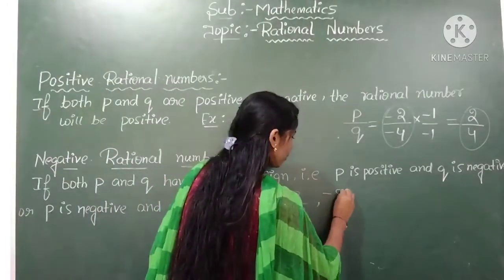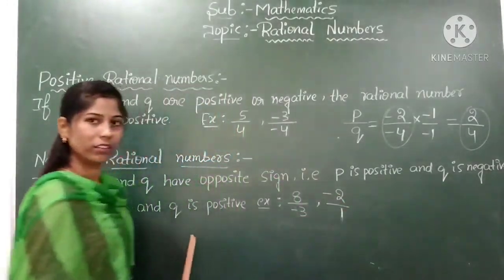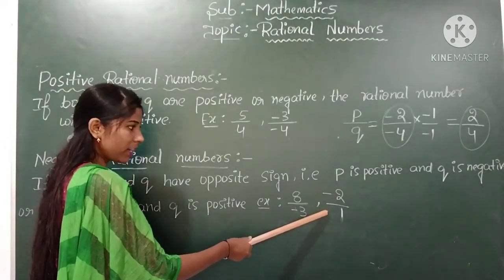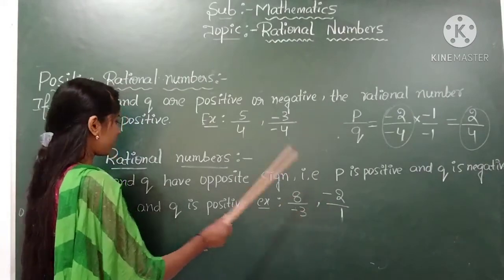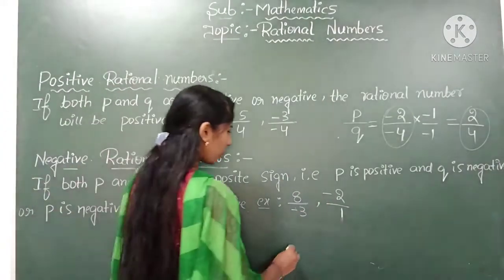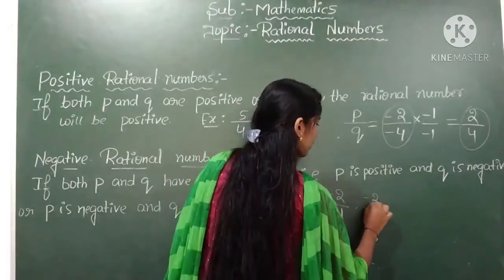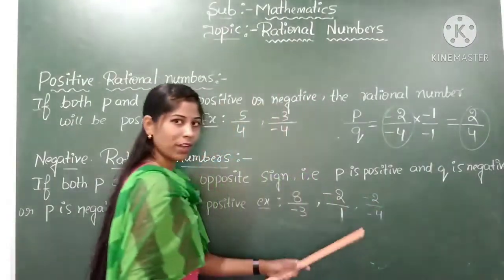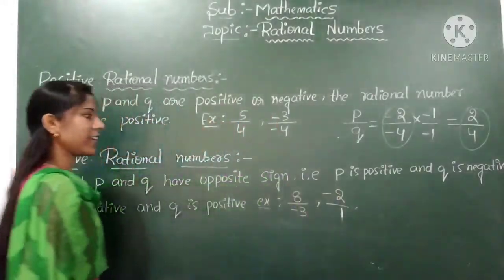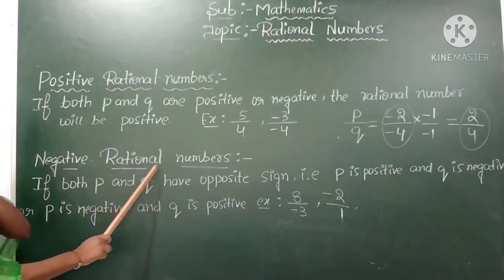Next, minus 2 by 1. What kind of rational number is this? Yes, this is a negative rational number. If both have the same sign, they are positive rational numbers, right? So these are the examples for negative rational numbers.